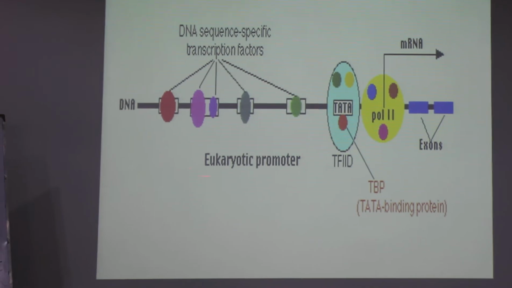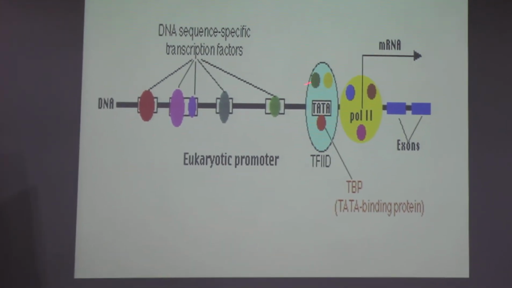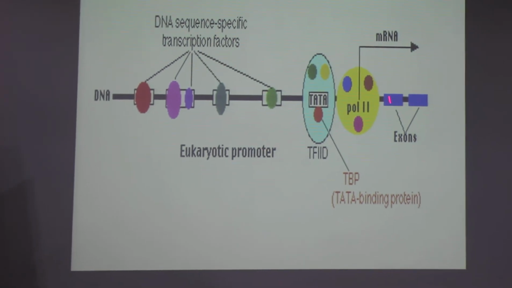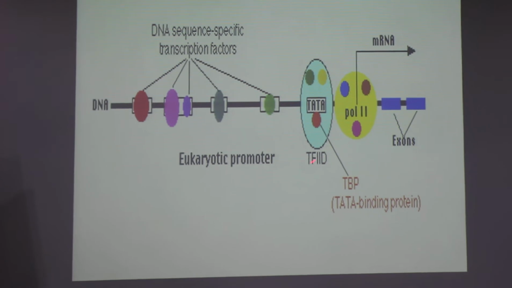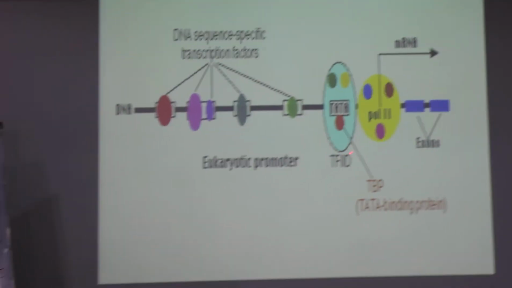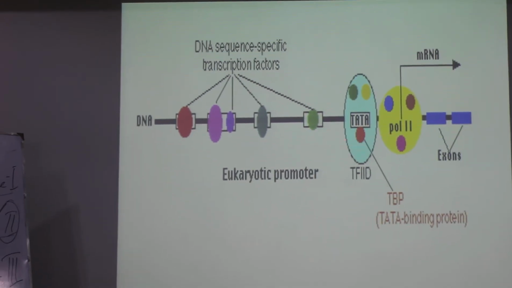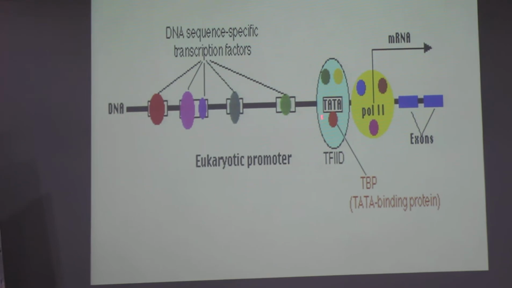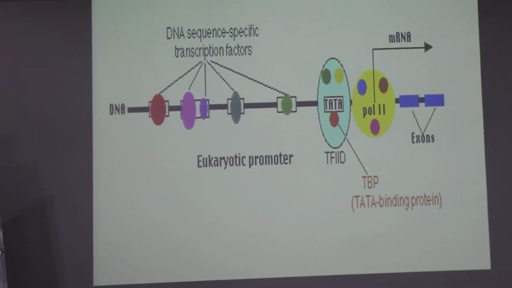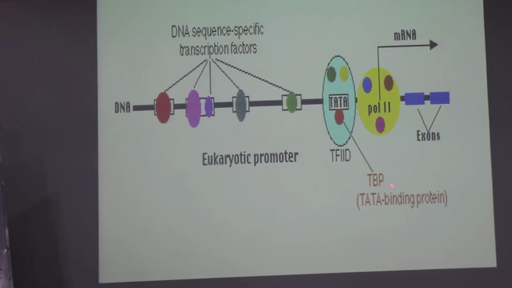And this is a eukaryotic area. This is a TATA box, and this is the point of initiation. Transcription factor 2D attaches itself to the TATA box. How does it get attached? Because it contains a special sort of protein, the TBP, TATA binding protein.